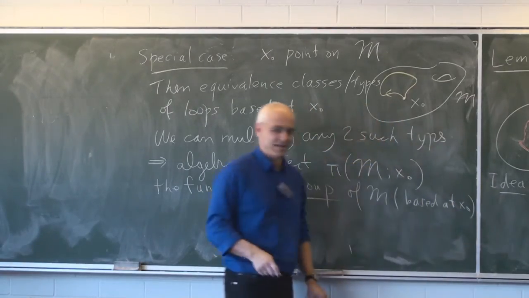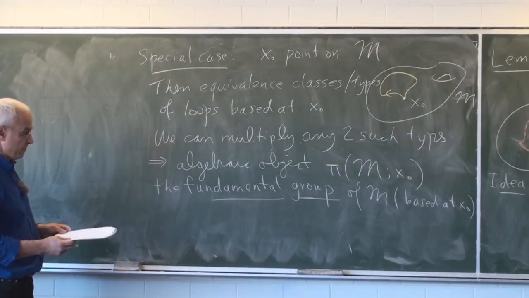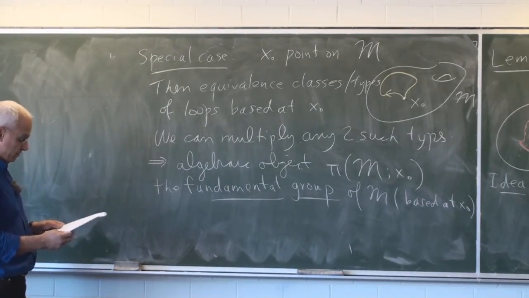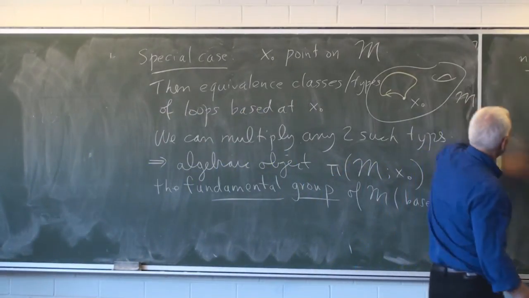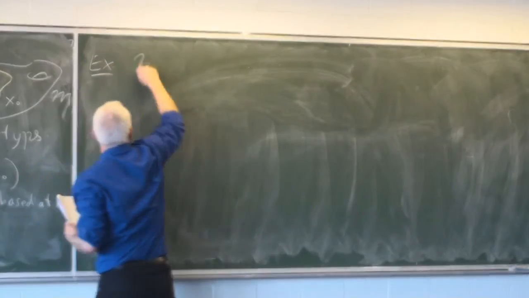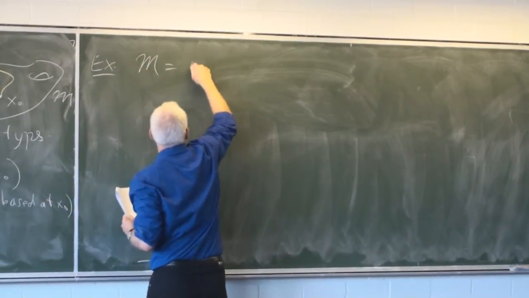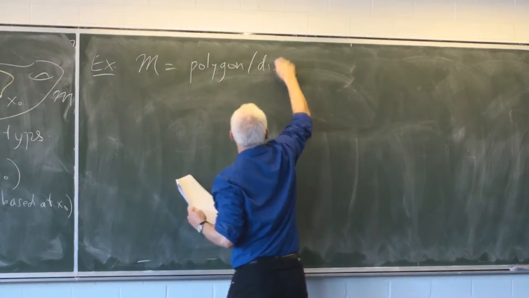We'll shortly see that the x0 is actually not that important. It's the M that's important. All right, so let's have a look at some examples. Suppose that M happens to be a polygon, which is topologically the same as a disk.